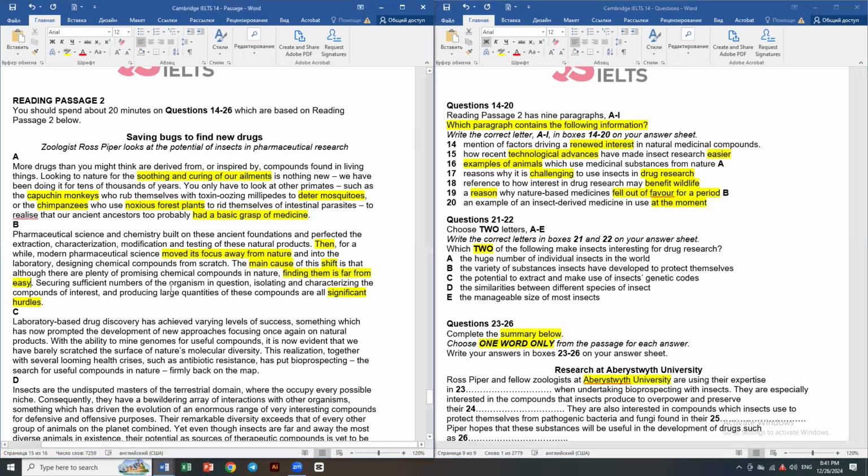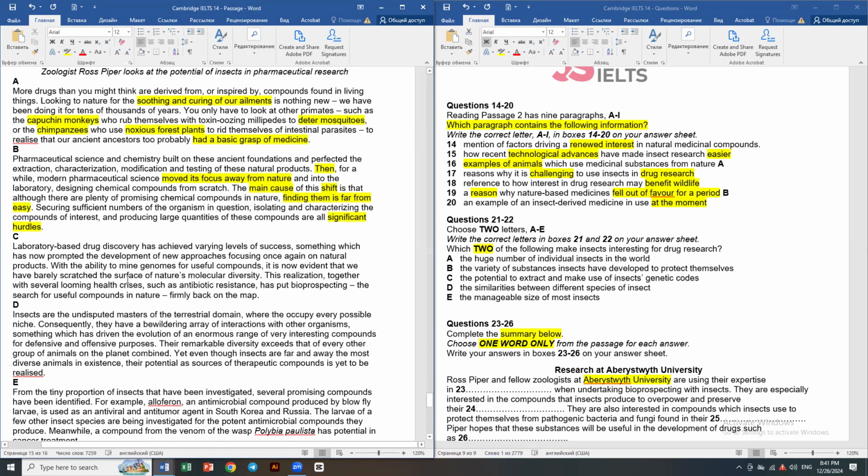Now, moreover, laboratory-based drug discovery has achieved varying levels of success. Varying levels of success, different kinds of success. Something which has now prompted the development of new approaches, focusing once again on natural products. Focusing once again means renewed interest.